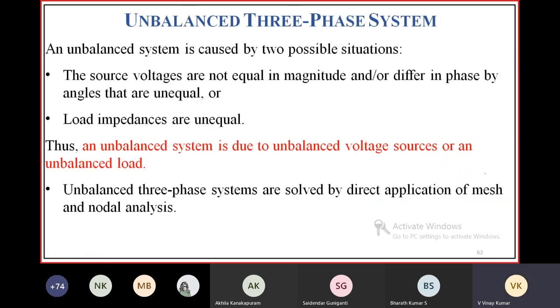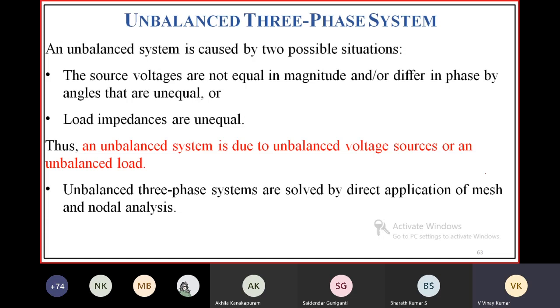Coming to the unbalanced three-phase system. If load impedances are unequal, or source voltages are unequal, meaning they may have different magnitudes or different phase angles, then it is said to be an unbalanced system.